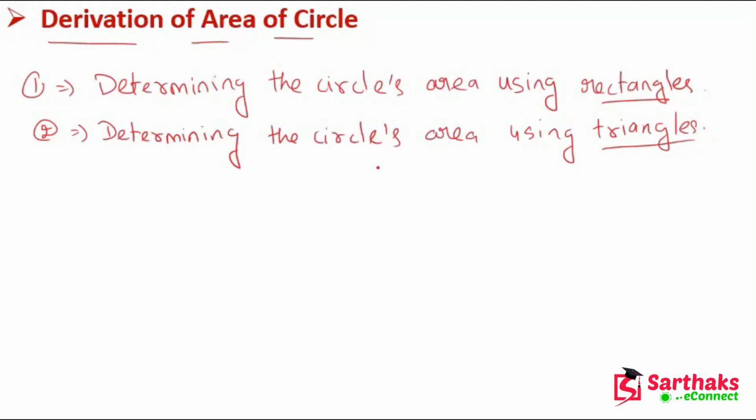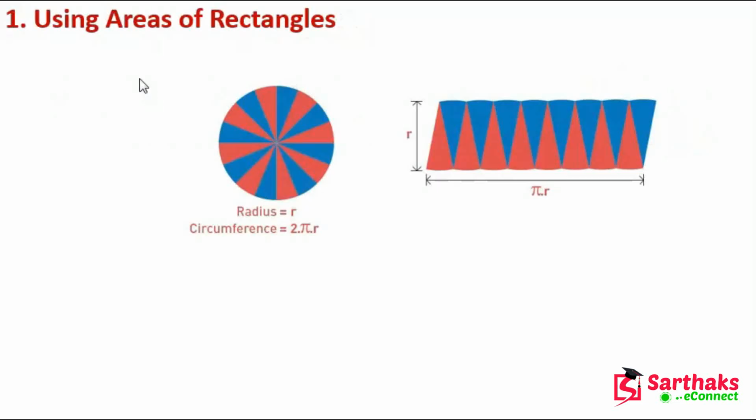I hope you get this point. Now, my dear friends, let us understand both methods one by one. Method one is using areas of rectangles. Firstly, the circle is divided into 16 equal sectors, and the sectors are arranged in a figure like this.